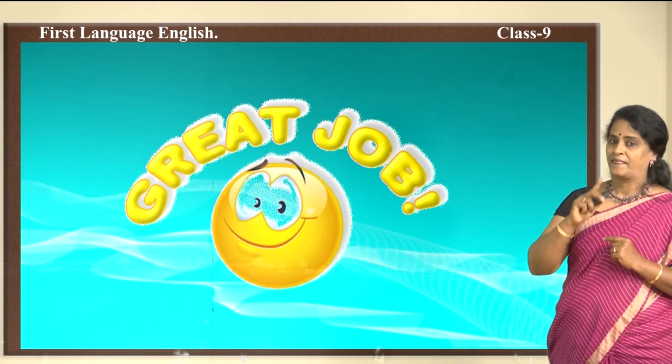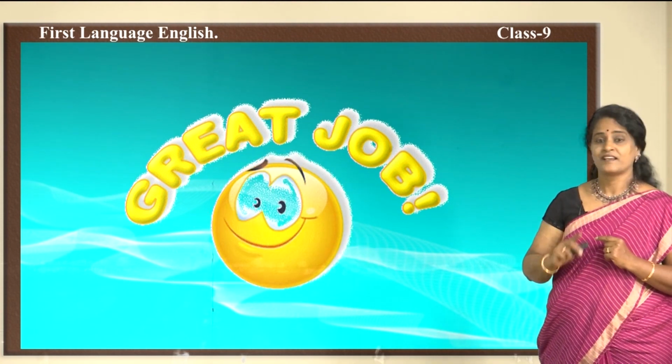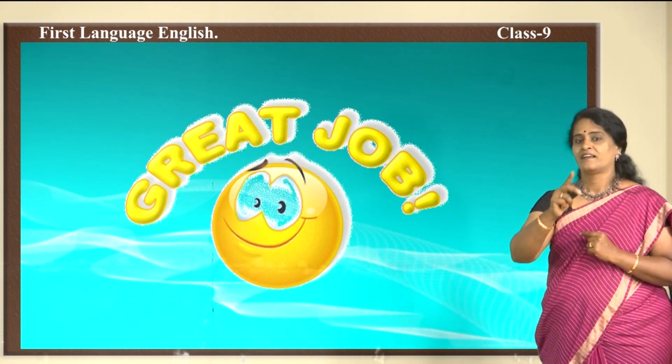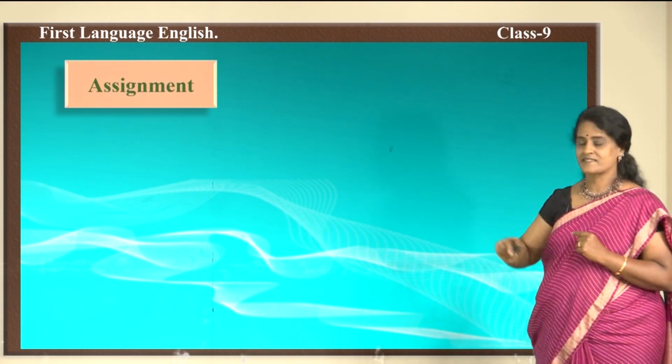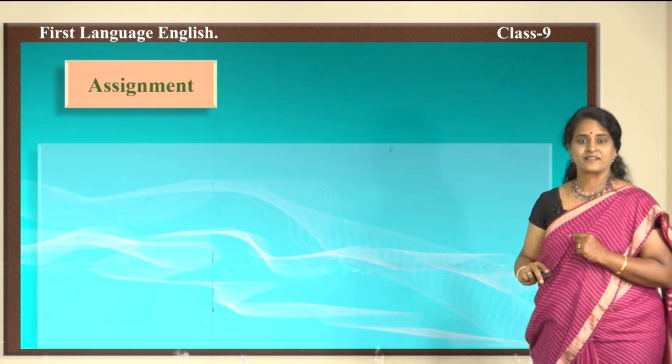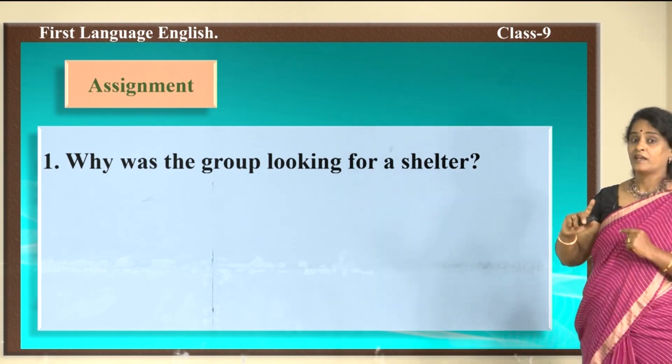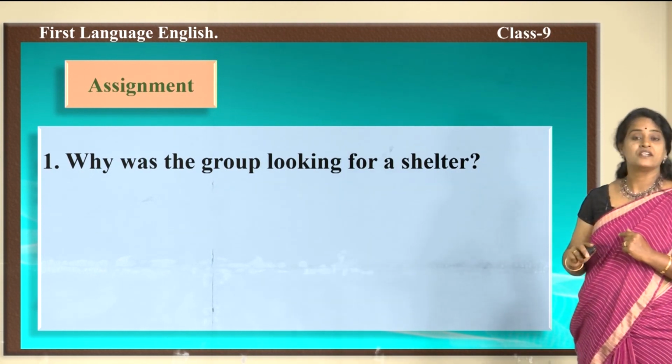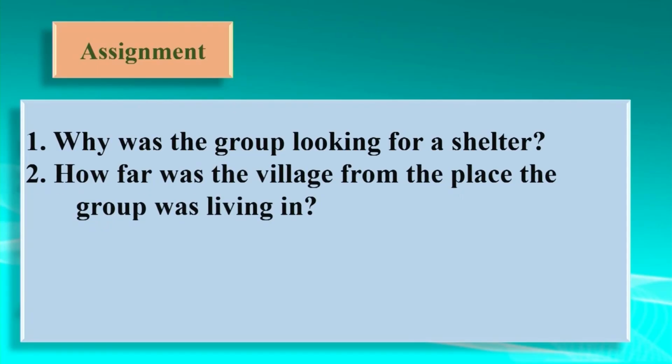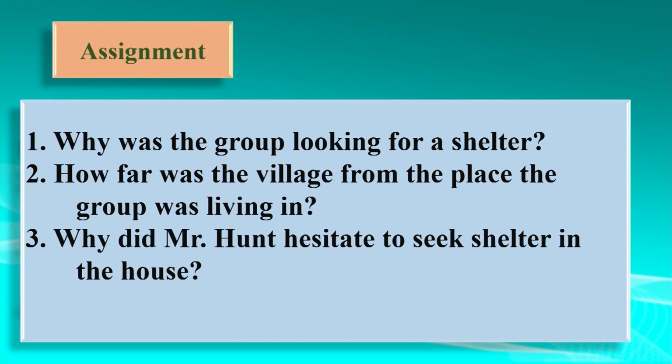Very good. If you have understood the lesson, followed it clearly, I want you to take up assignments, and here are the assignments. Look at the questions below. Why was the group looking for a shelter? Next one, how far was the village from the place the group was living in? Why did Mr. Hunt hesitate to take shelter in the house?